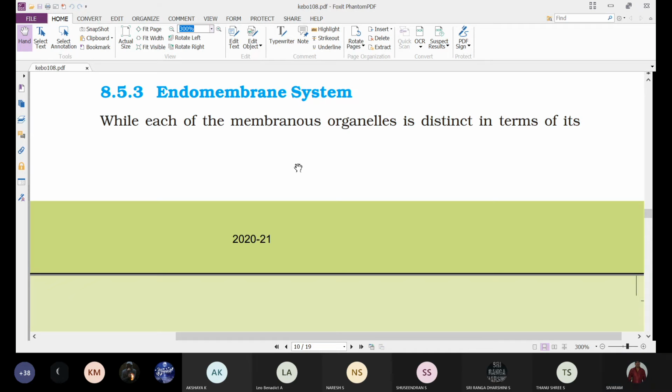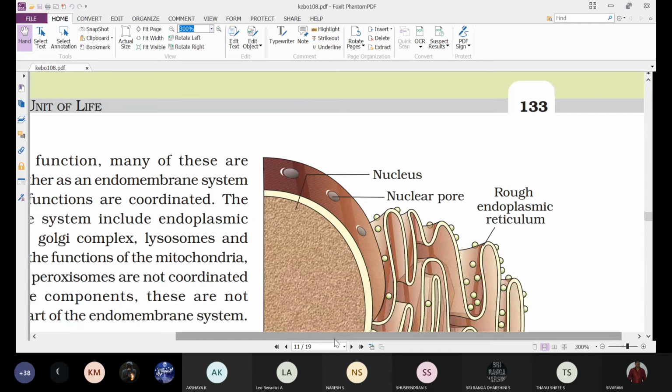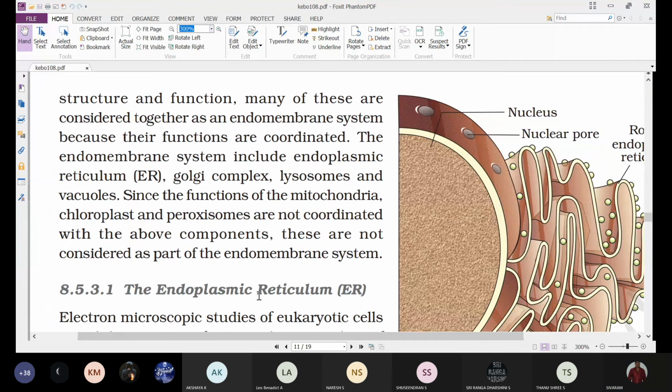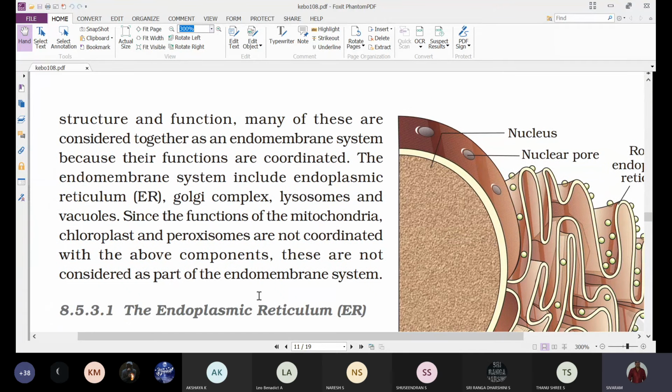These membrane bound structures present within the eukaryotic cell altogether, we call the endomembrane system. While each of the membranous organelles is distinct in terms of its structure and function, many of these are considered together as the endomembrane system.